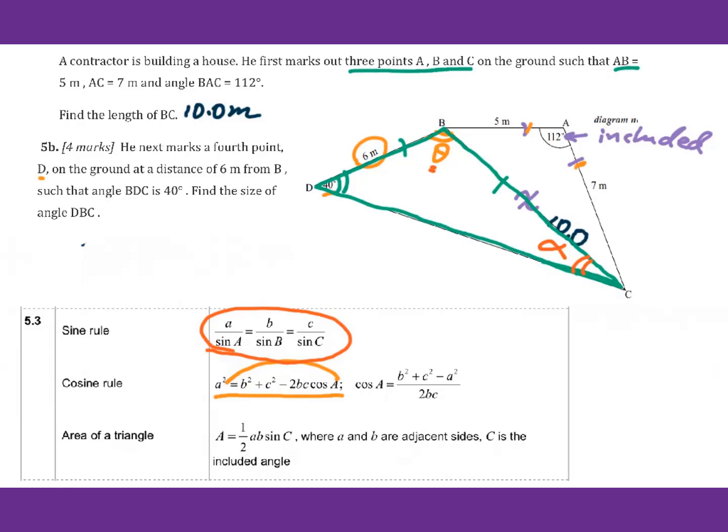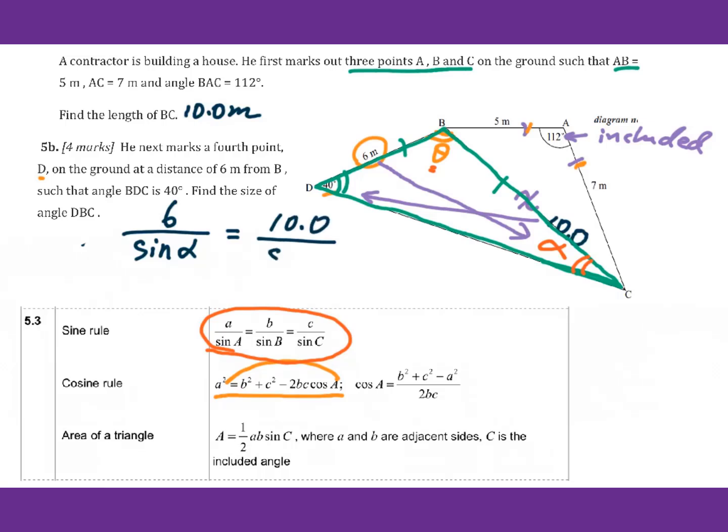Then we do 6 over sine alpha equals 10.0 over sine 40 to figure out this alpha. Then you use 180 minus 40 minus alpha, and you will get theta. So we have 6 over sine alpha equals 10.0 over sine 40 degrees.